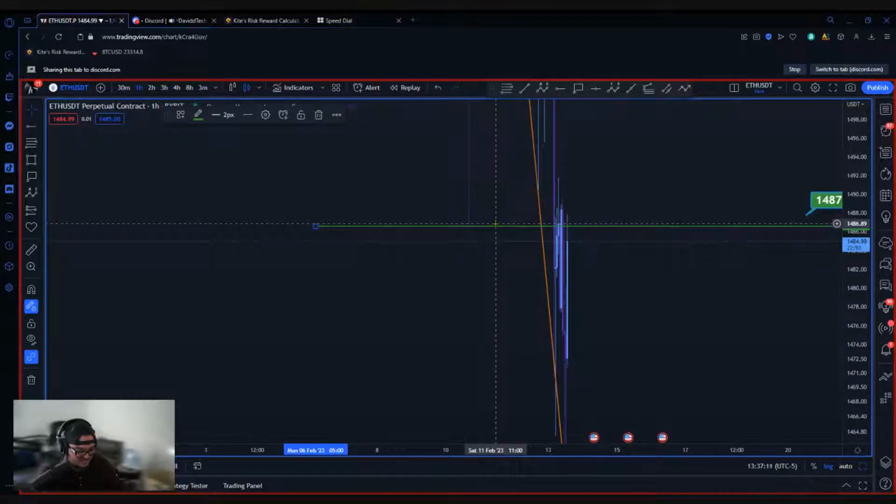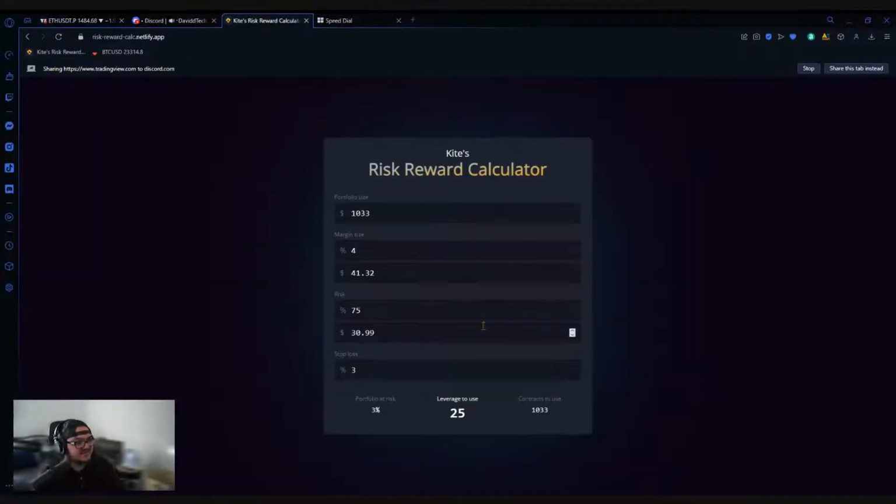All right, so let me do, can I do 1486.9? Oh, I'm on BTC. Duh, that makes sense. That's why it wasn't working. 1486.9. ETH, we're going to do order by quantity. And then if I go to the calculator here, we're going to go back down to 1,000.